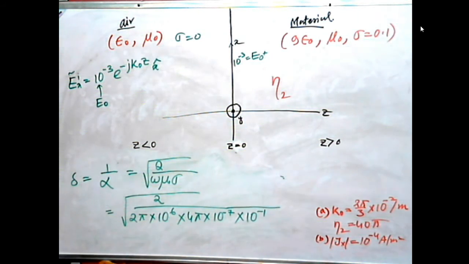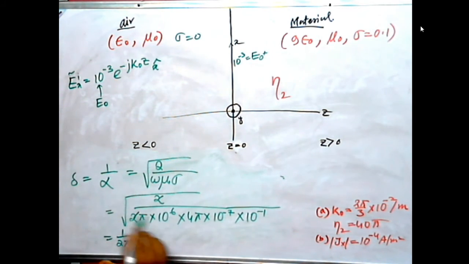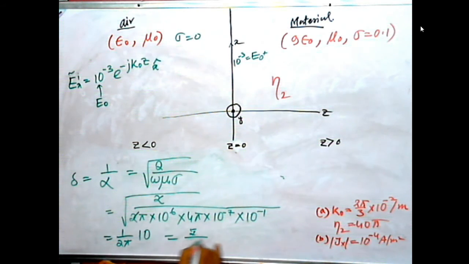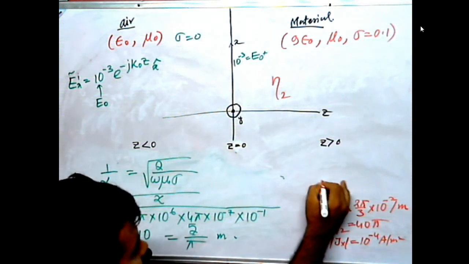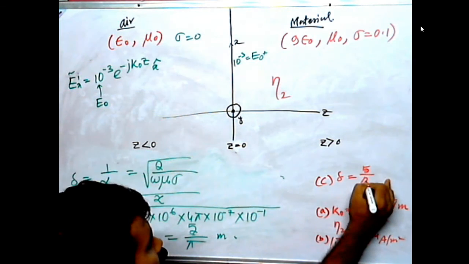So you can cancel 2, and this is 4 pi square, that is 1 by 2 pi. You can take common powers of 10, so 10 to the power minus 2, so 10 to the power 2, that is 10. So this is basically 5 by pi. That is your skin depth, 5 by pi meter. So for part C, the answer is delta equals 5 by pi meter.